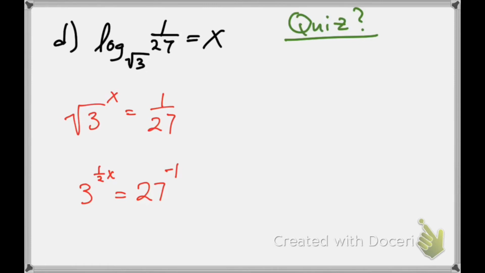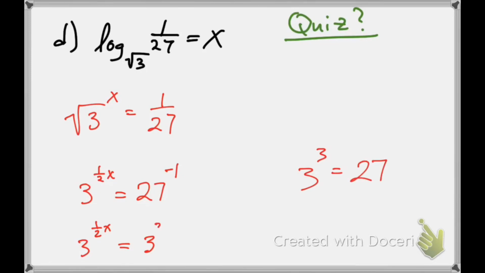Now, the key here is that I have a 3 here. I want to get the 27 as a 3 as well. If I can get the same bases, then my exponents have to be the same as well. So I have 3 to the 1/2 x equals, well, 3 to what power equals 27? Well, 3 cubed equals 27.